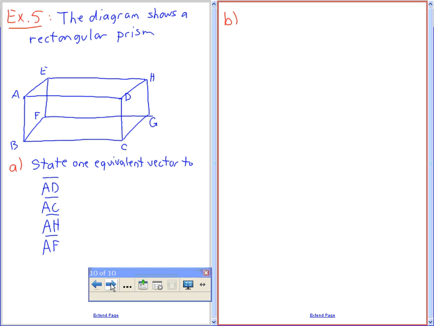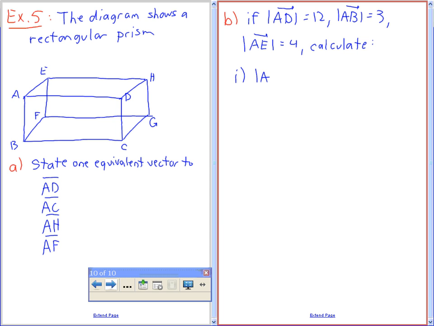Part B says, if... You know what I might do after this, actually, maybe I'll do a Spider-Man question from grade 11, just to get 3D back.